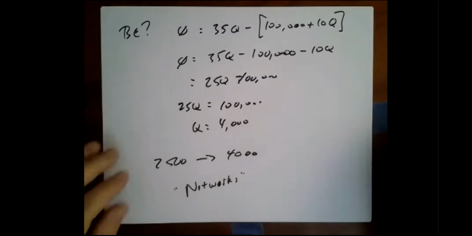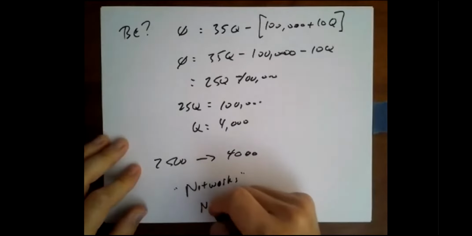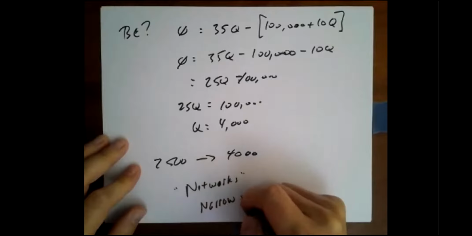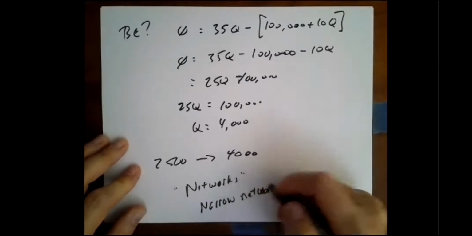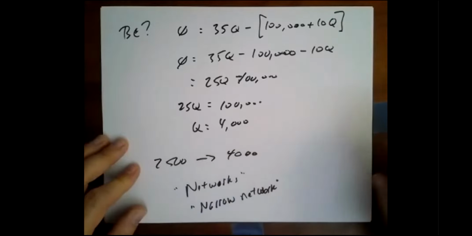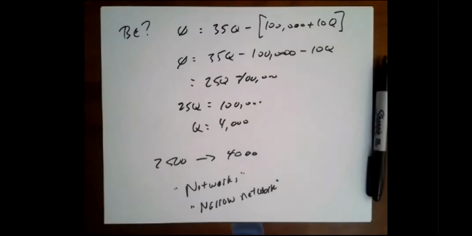And a narrow network means that the insurance company has really played hardball with the providers.